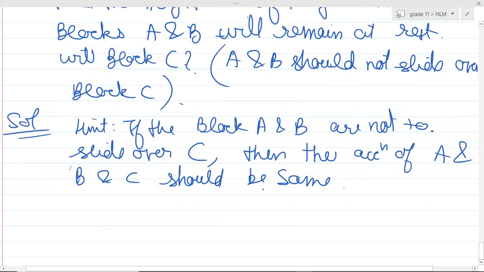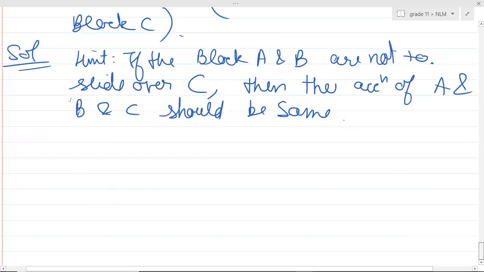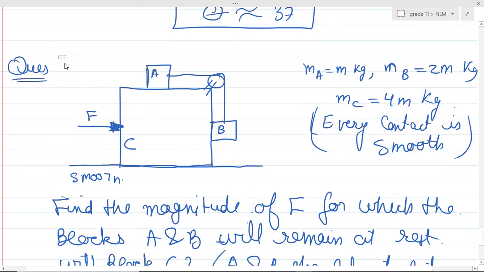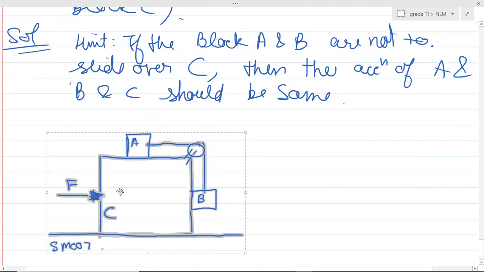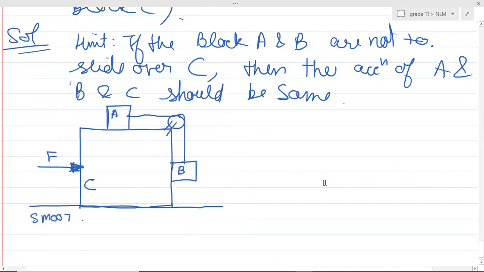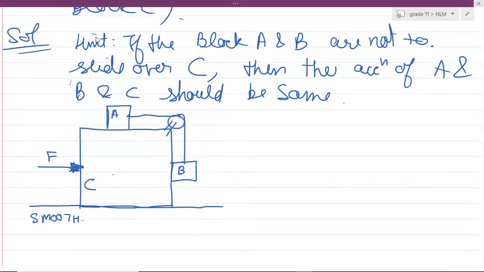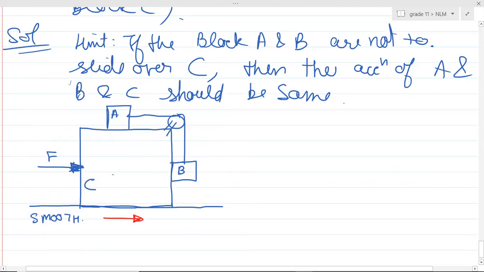So if you assume, guys, you don't need to draw the diagram again. You can just copy paste. You can just draw it on the diagram which you already have. So what if I say the acceleration of block C is a meter per second square in this direction, then the acceleration of block B will also be a meters per second square in this direction, and the acceleration of A will also be in.